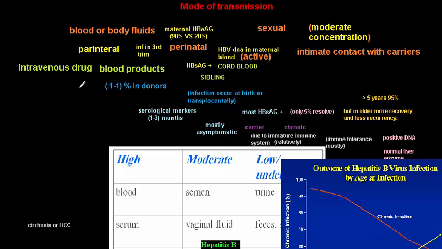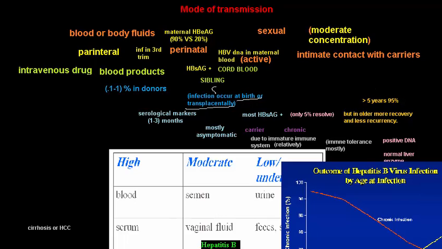So how does hepatitis B spread or get transmitted perinatally? Transmission occurs at birth or transplacentally, maybe in the birth canal. In infants that have hepatitis B transmitted from their mothers, the serological markers may appear after 1 to 3 months.